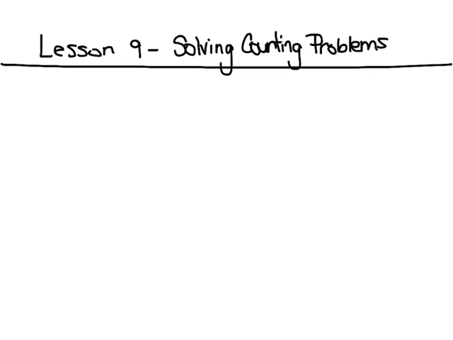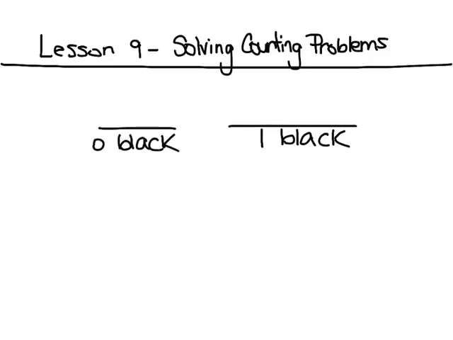Lastly, example 3. How many different 5-card hands that contain at most 1 black card can be dealt to one person from a standard deck of cards? So there's 2 conditions. The first condition is at most 1 black card. So we have 1 black card. The second condition is we have no black cards because it's at most, but there is the option of having no black cards.